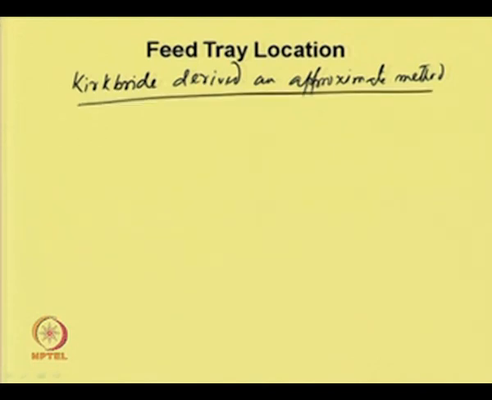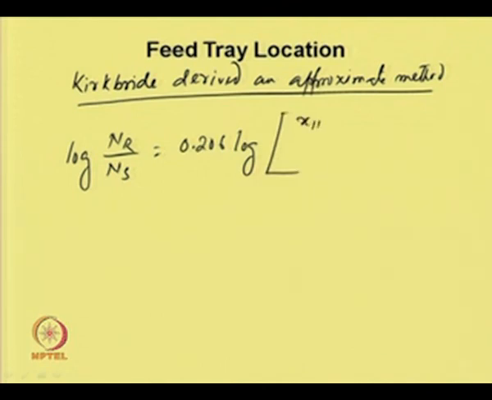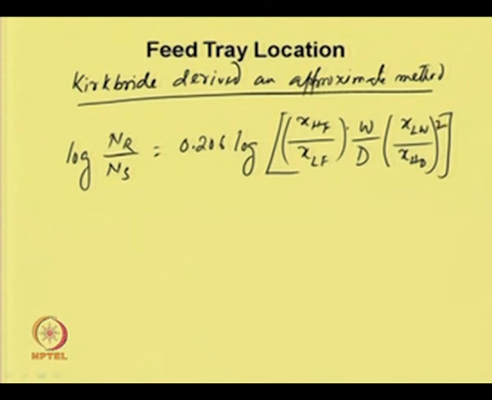This is an empirical relation, which is log of NR by NS would be equal to 0.206 log of [XHF by XLF into W by D into (XLW by XHD) squared].